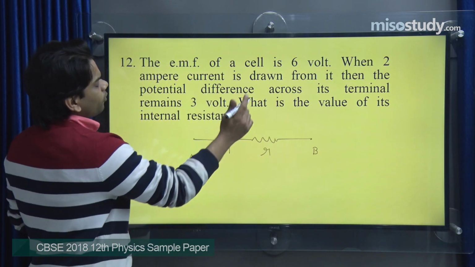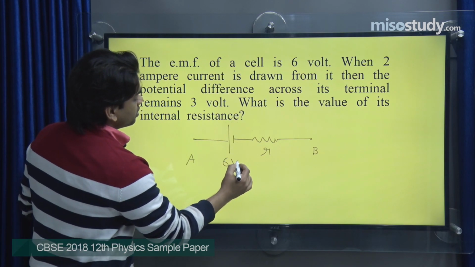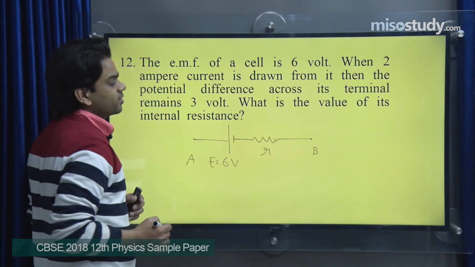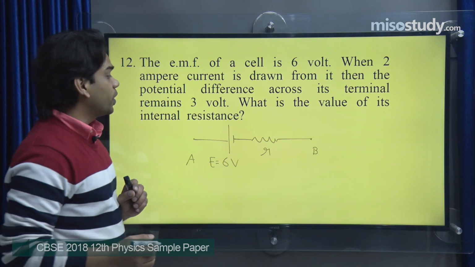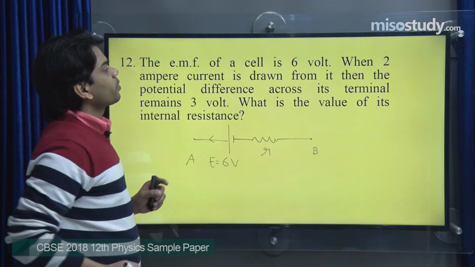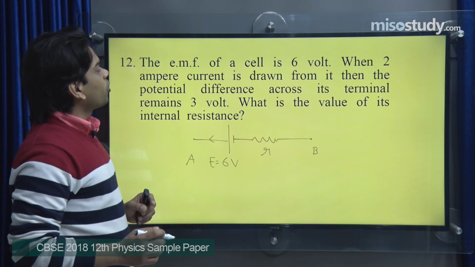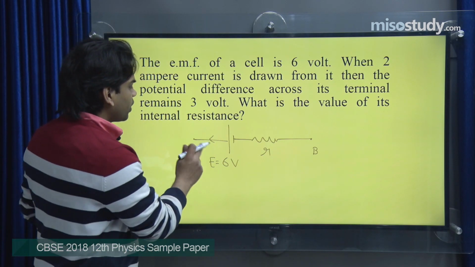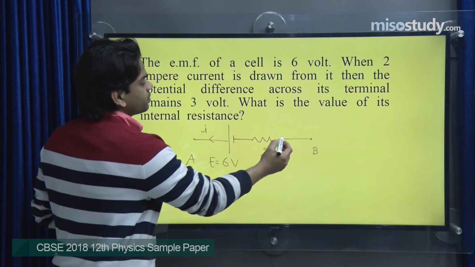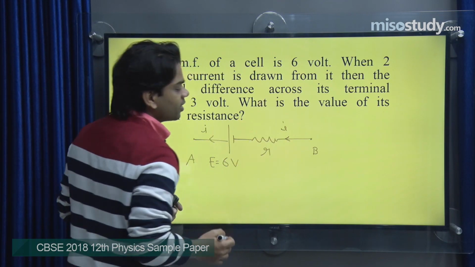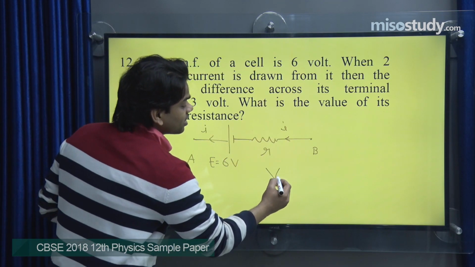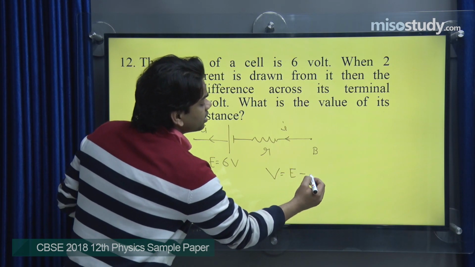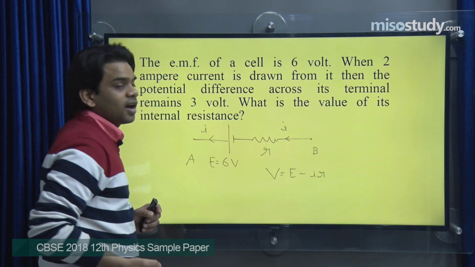It's given that the EMF of the cell is 6 volt. Internal resistance we want to evaluate. When 2 ampere current is drawn from it, the potential difference across its terminal remains 3 volt. We know that if current is I through the circuit, the potential difference across the terminals is given as V equals E minus IR.